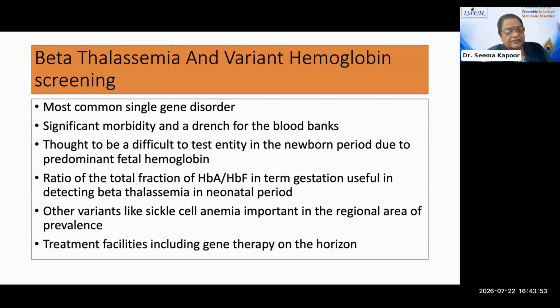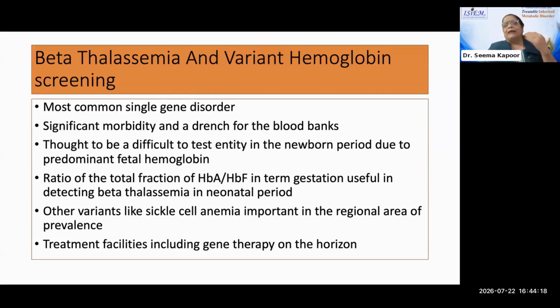Okay. Coming to what our Honorable PM has announced, the elimination of sickle cell anemia, which is much more common in the tribal areas. But what we have is beta thalassemia. And a decade ago, we used to think, look, all of the hemoglobin in the period of newborn is HbF. Now, if it is HbF, how can I find out thalassemia? Right?